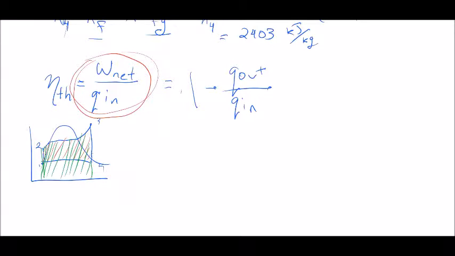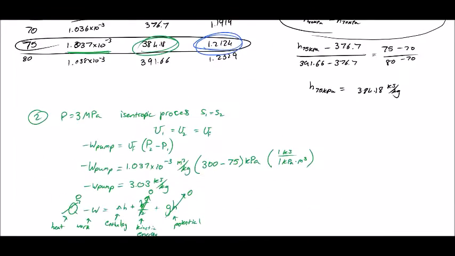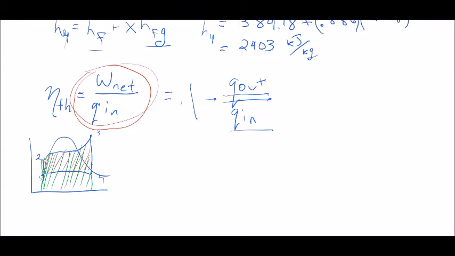So we want to find a number for Q out and for Q in. Luckily, we have all of these numbers that we calculated, so we can pick the ones we need. We know from the first law that Q minus W is delta H plus kinetic energy plus potential energy, and in all these cases, kinetic and potential energy can be neglected.